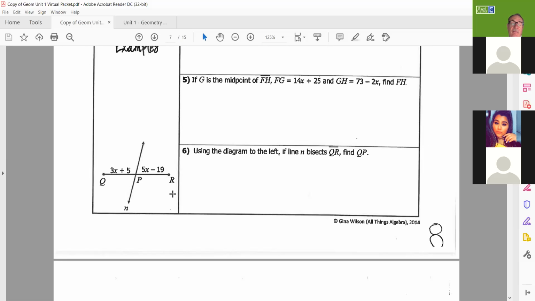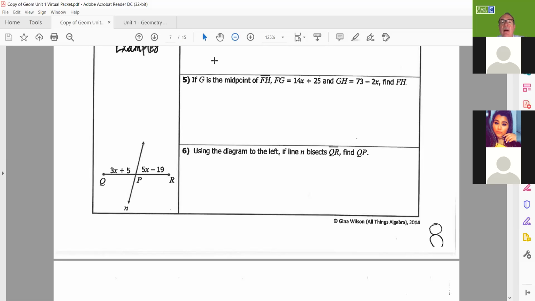So how would you set that up? Does QP equal PR? Everybody should be hopping up and down saying, yes, Mr. Alley, that's the midpoint. They have to be equal to each other.